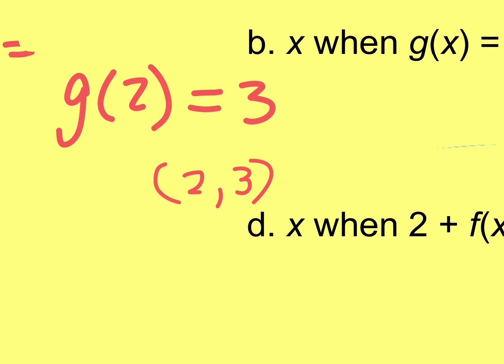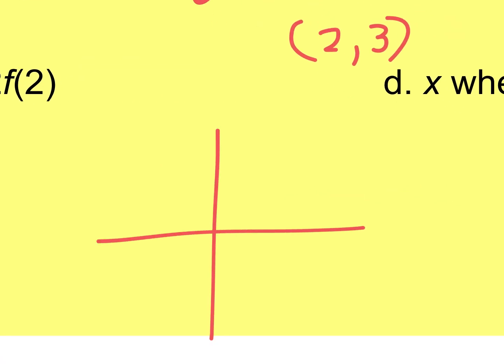All right. I want to go to the side for a second because the last kind we have are on graphs, and I want to show you how that ties in. If I have a graph that looks like this, and this is the point 1, 2, and this is the point 4, 3, and let's say it also goes through over here at -2, 2, then f of 4 is 3.